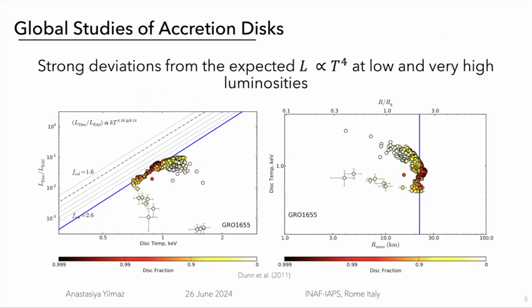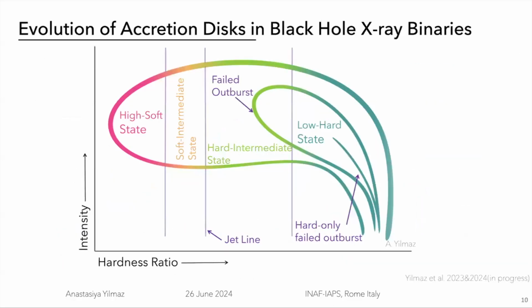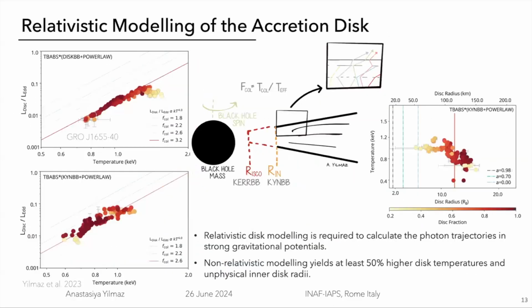Some people actually used this to argue whether it can be a maximally spinning black hole, especially for GRO J1655-40, but it seems like a very unreasonable way to do things. And when you look at how these parameters change with KYNBB, you are actually able to see much more reasonable results. And when you compare them with different ISCO values for three different black hole spins, they seem to align much better.